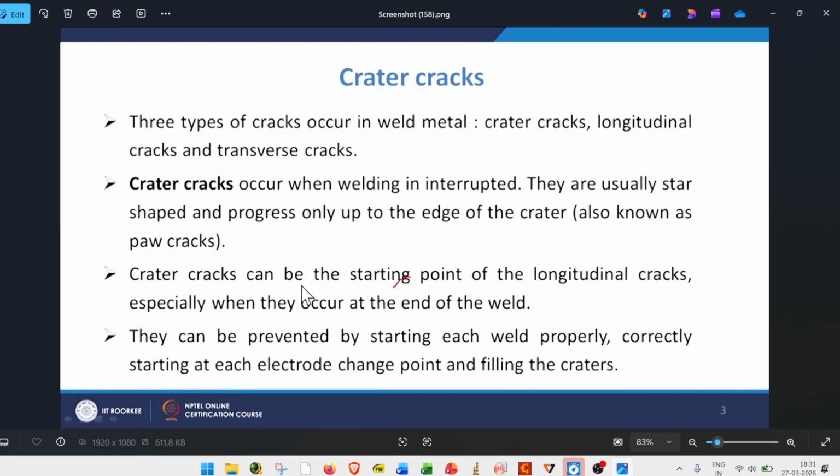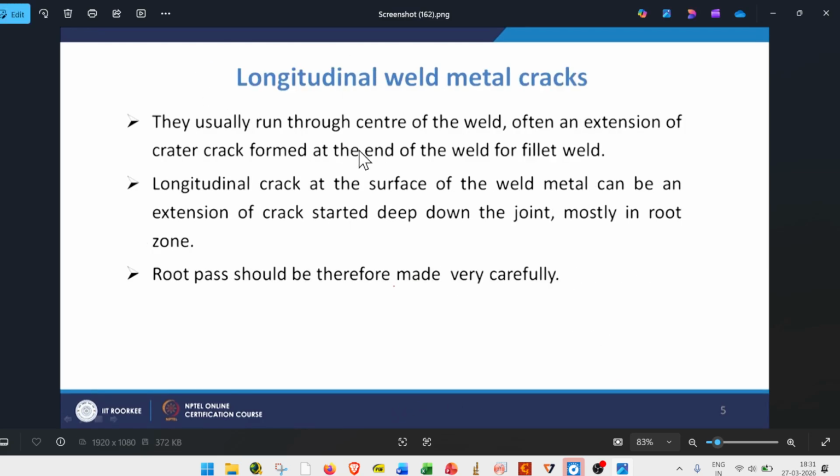A crater crack can be the starting point of a longitudinal crack, especially when it occurs at the end of the weld. This can be prevented by starting each weld properly, correctly starting at each electrode change point, and filling the craters. Longitudinal cracking generally runs throughout the weld bead in the longitudinal direction.